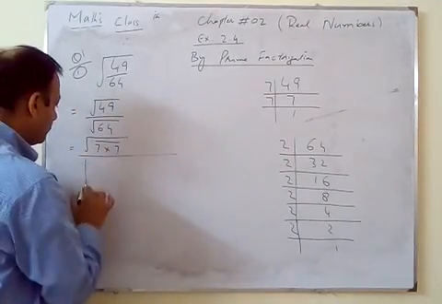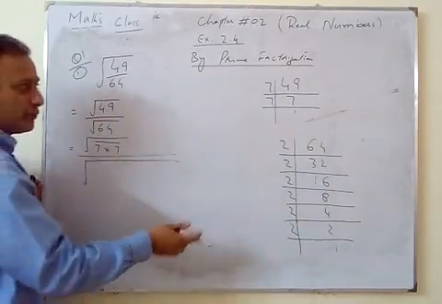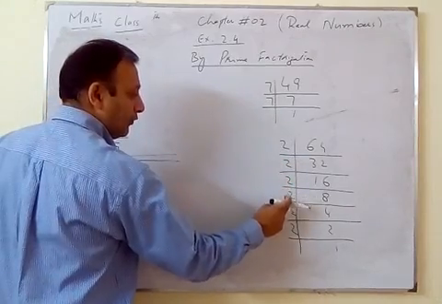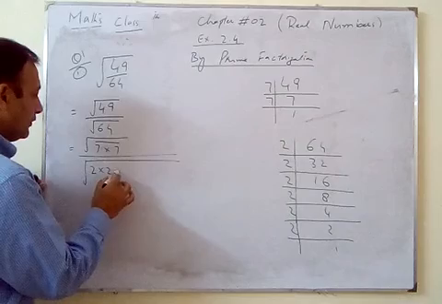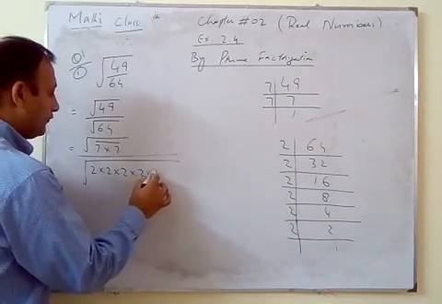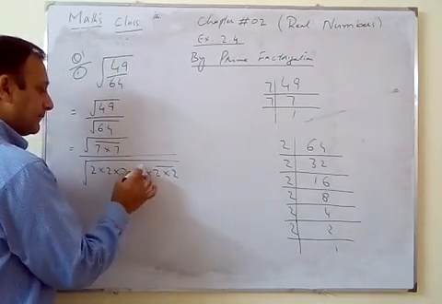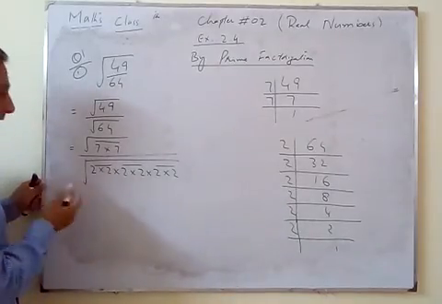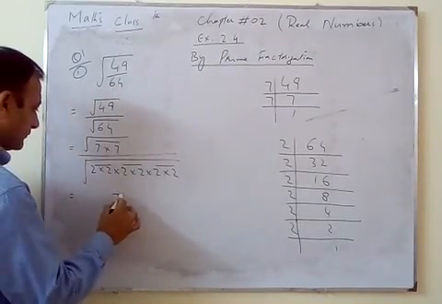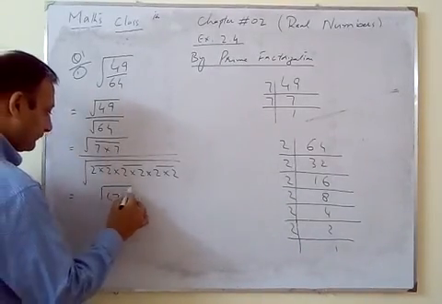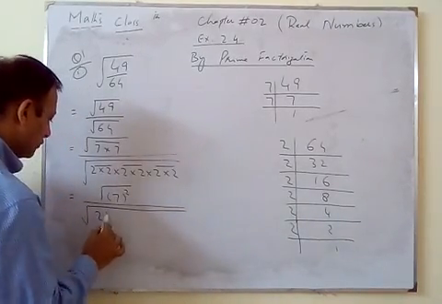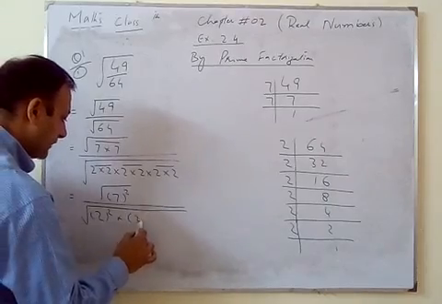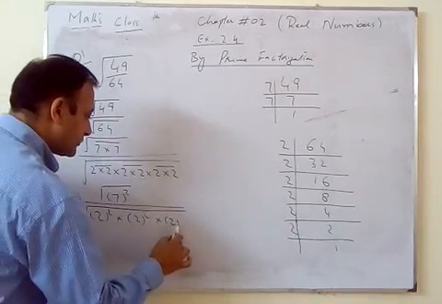For 64, how many times 2? 1, 2, 3, 4, 5 and 6. So 1, 2, 3, 4, 5, 6. Pairing. So 7 square, and 2 square, 2 square and 2 square.